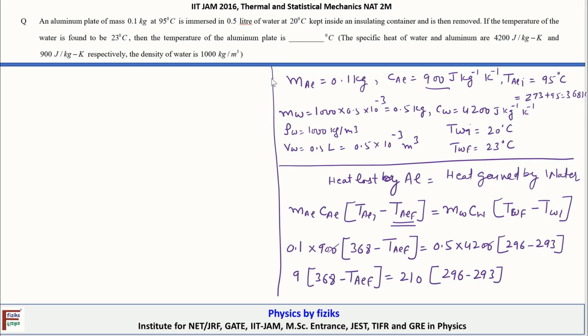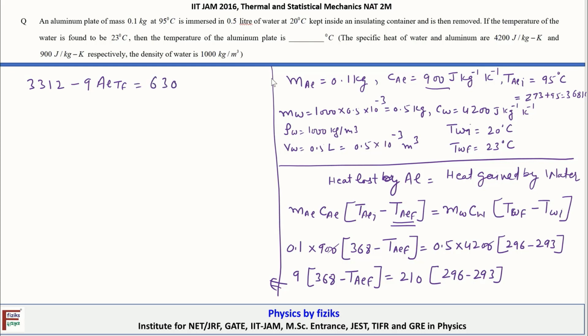Let's come this side. After doing the calculations, we will obtain 3312 minus 9 times the aluminum final temperature, that is equal to 630.